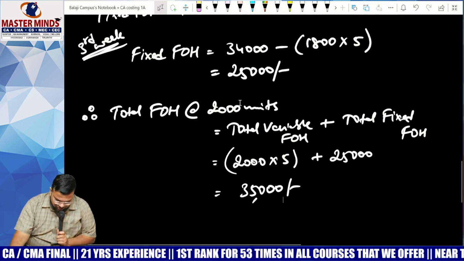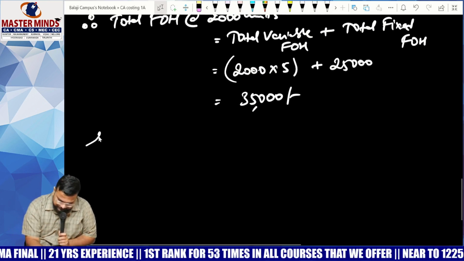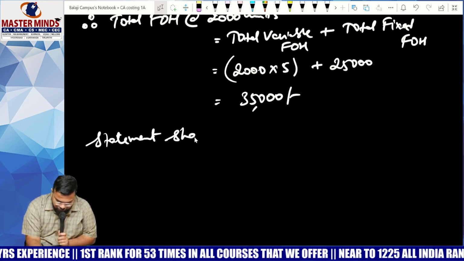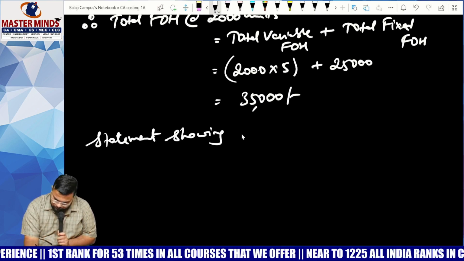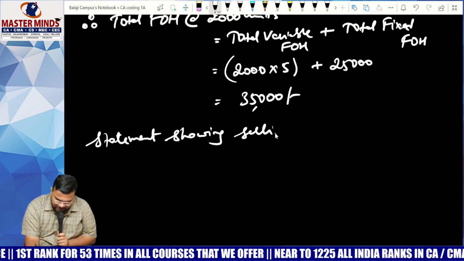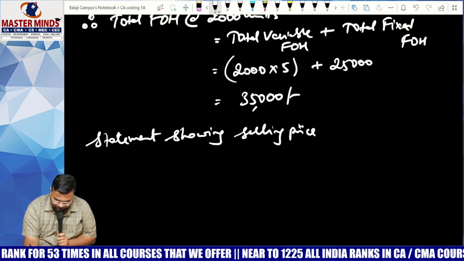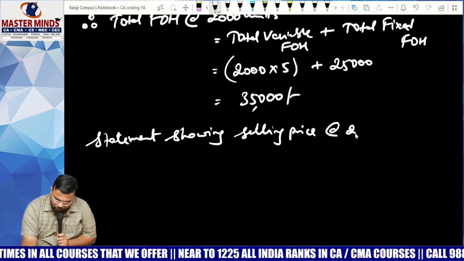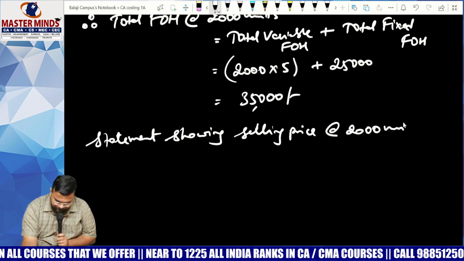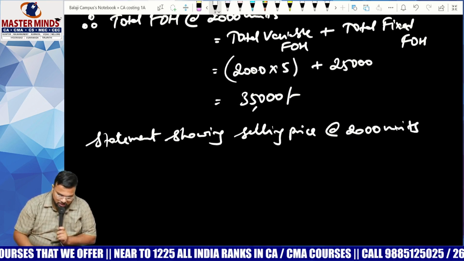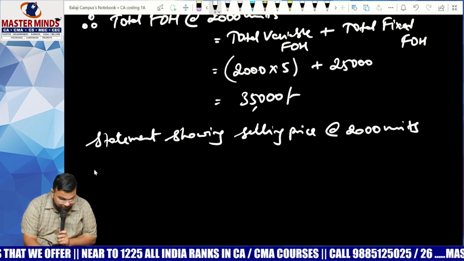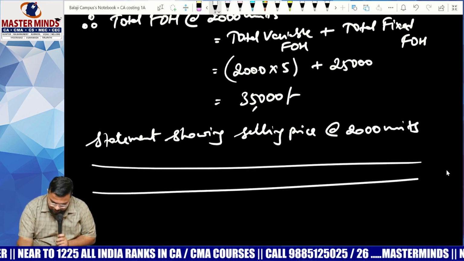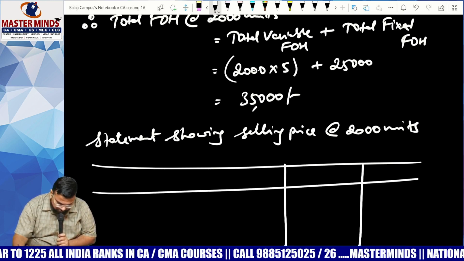Right. So the heading will be: statement showing selling price at 2000 units. The columns are particulars, per unit, total.